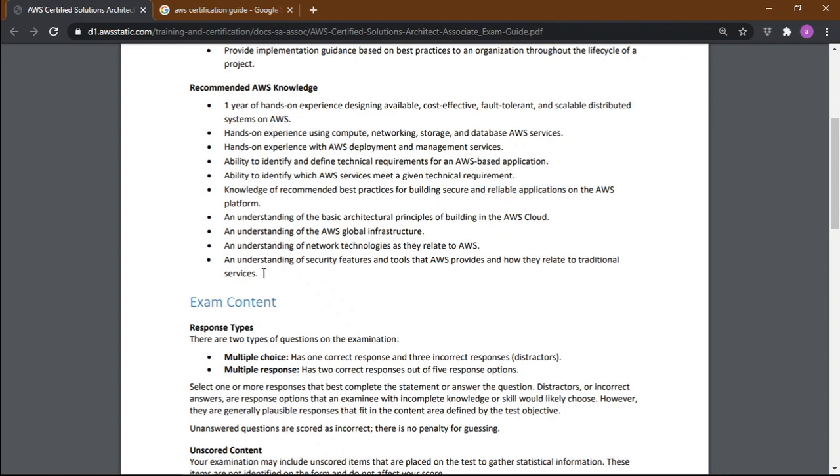And last but not least, all the security features and tools AWS provides. You should have a very deep knowledge of all the security related things, because security is a very crucial factor in cloud applications, and you must have a clear understanding of all the security features and services which AWS provides.